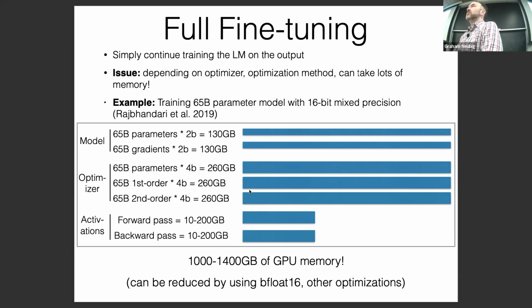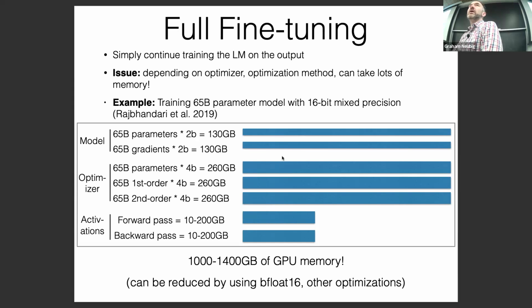Now it's pretty standard to use BF16, brain float 16, like I talked about earlier in the class. And because of that, this can be made more stable, so you can reduce this to 2 bytes instead of 4 bytes. If we do that, we also don't need this extra copy of the parameters.